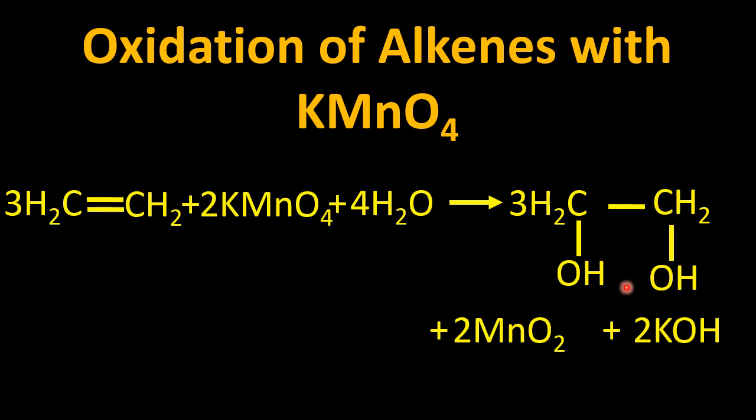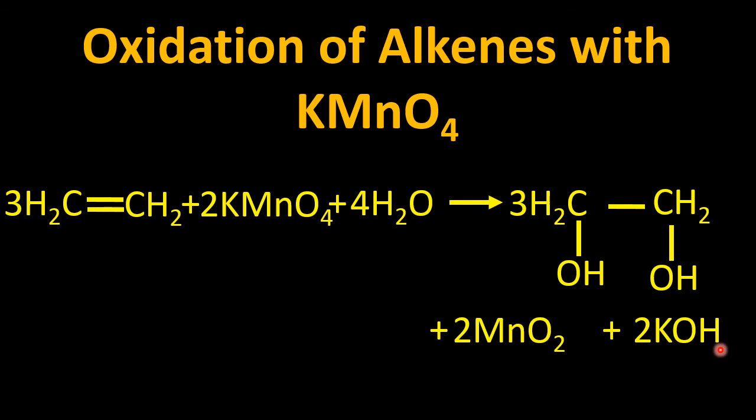So 3 hydroxyl groups plus 3 hydroxyl groups means we have 6 hydroxyl groups over here, and 6 hydroxyl groups have 6 hydrogen atoms. So the above ones were 12, and 12 plus 6 is 18. And the rest of the 2 hydrogen atoms are with potassium hydroxide.